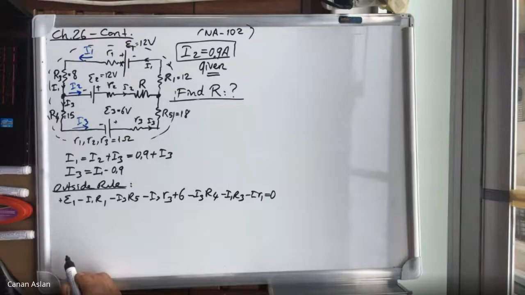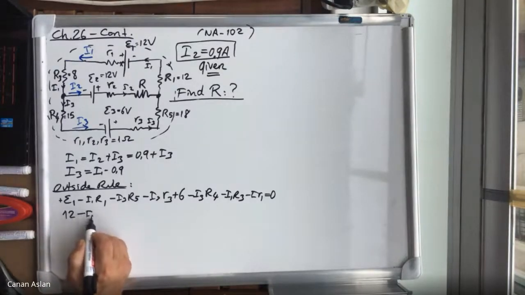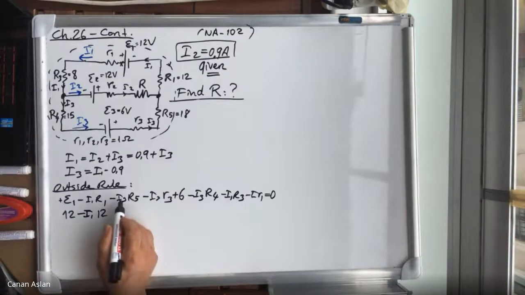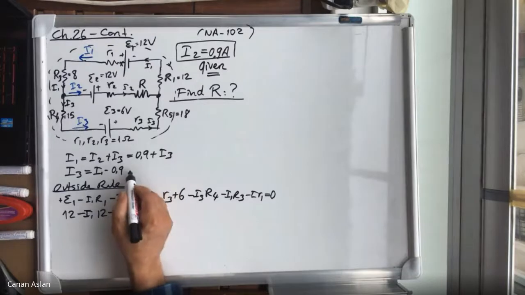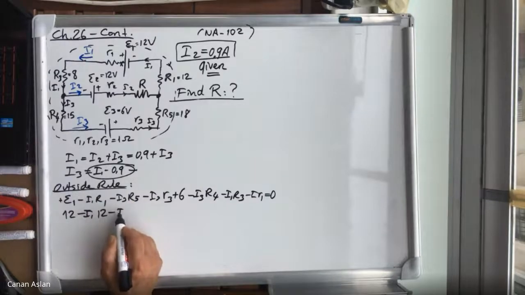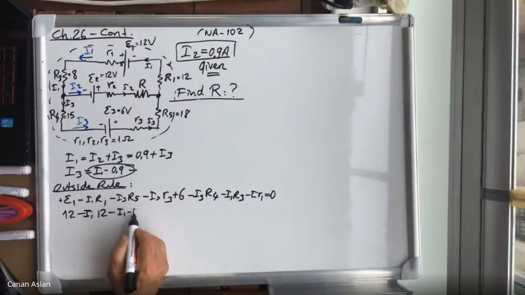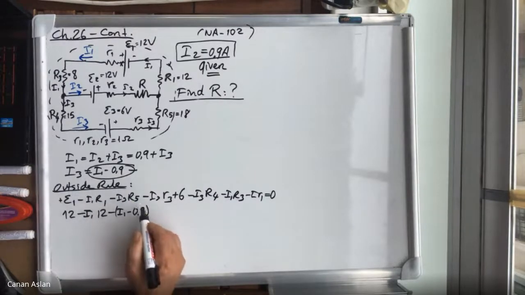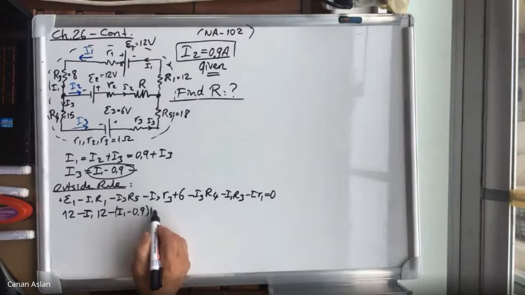So now if you put in the numerical values, 12 minus I1 times 12, okay, I1 is unknown here. And instead of I3, I'm now writing this for I3. So wherever I see I3, I will write I1 minus I2, that is, I1 minus 0.9, times R5, but R5 is just 18, okay?